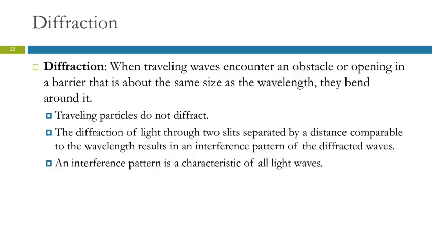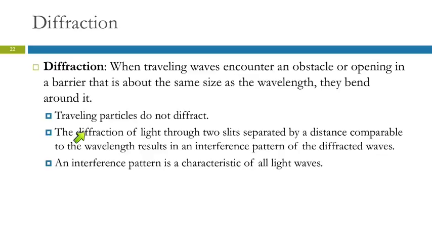So waves can interfere. We also observe diffraction. What this means is if you have a traveling wave and it encounters an obstacle or an opening in a barrier that's similar in size to the wavelength, the waves will bend around that obstacle or through that opening. This is different behavior than particles.